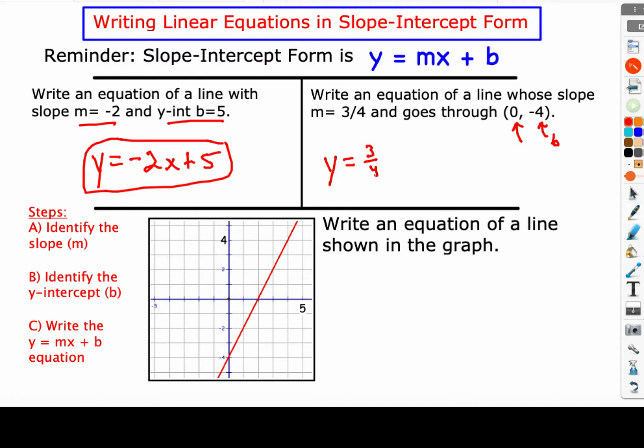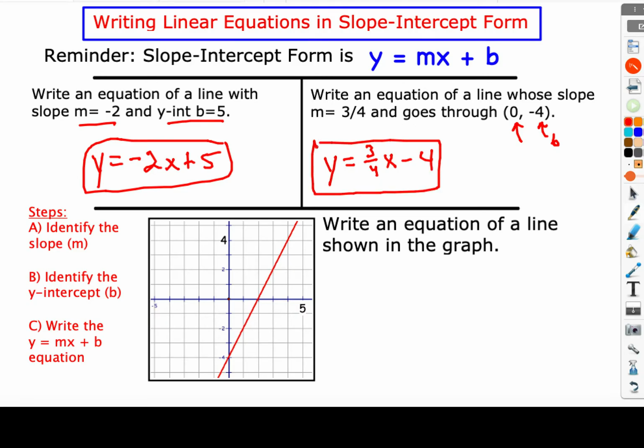Always a good idea to write the fraction top to bottom. But 3/4 x plus -4, or basically minus 4, same thing as plus -4. And I've got my equation with a slope of 3/4.